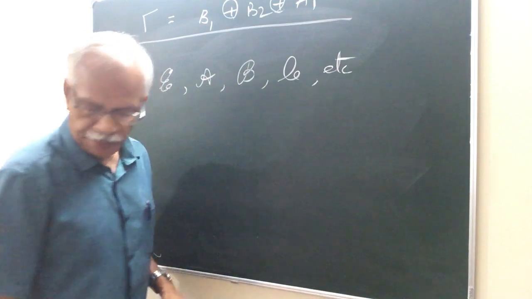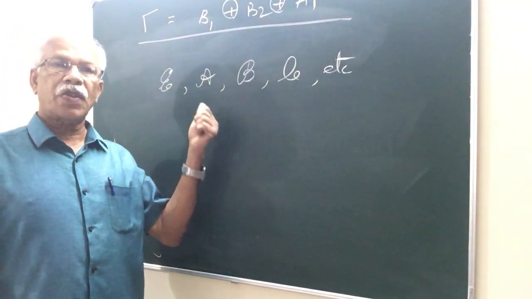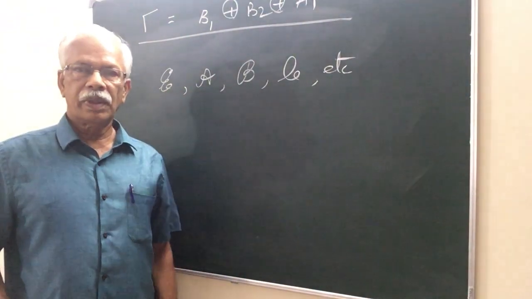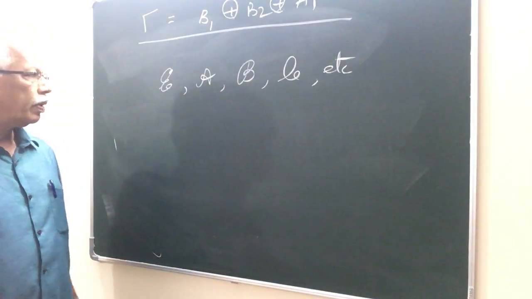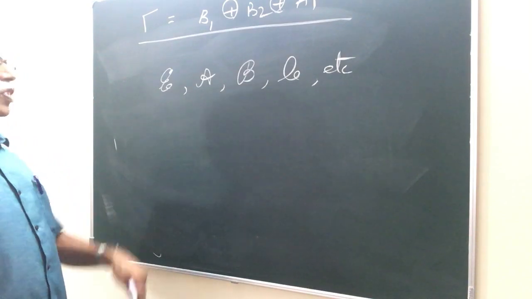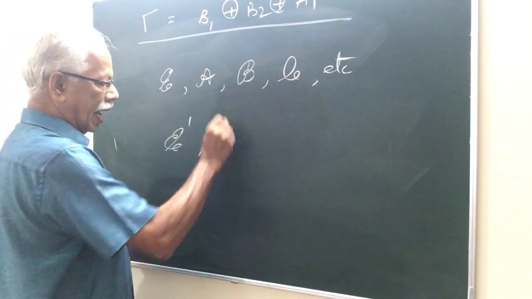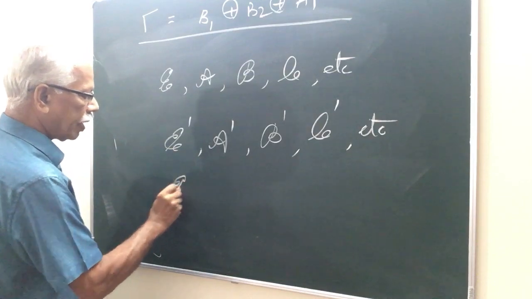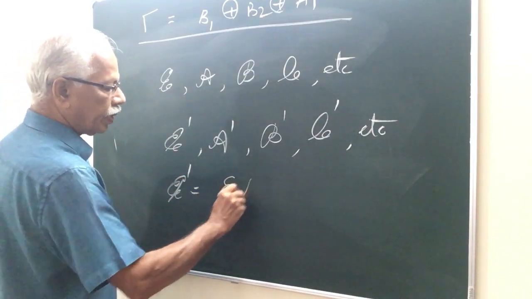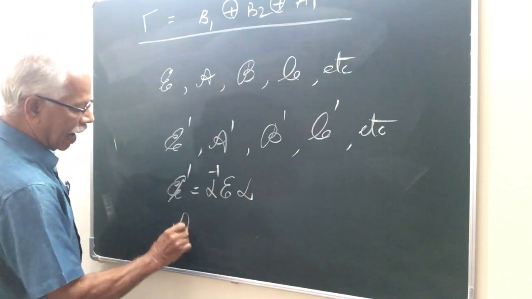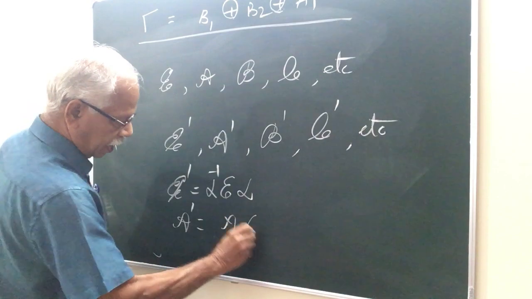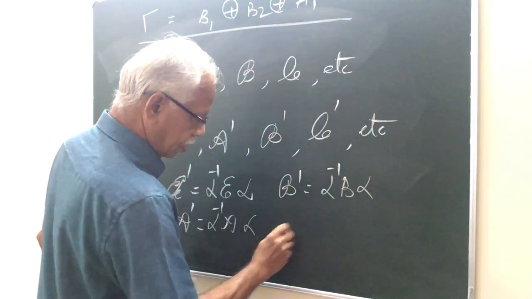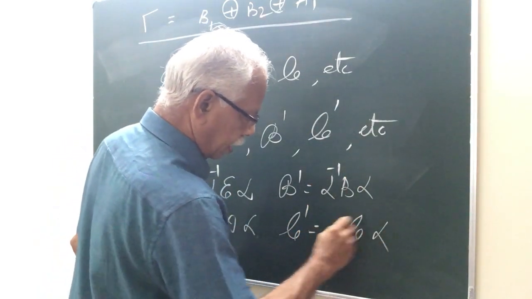It is possible to take similarity transformation of each of these with the same matrix, say L, in order to get a new representation epsilon dash, A dash, B dash, C dash, etc., where epsilon dash is L epsilon L minus 1, A dash is L A L minus 1, B dash is L B L minus 1, C dash is L C L minus 1.